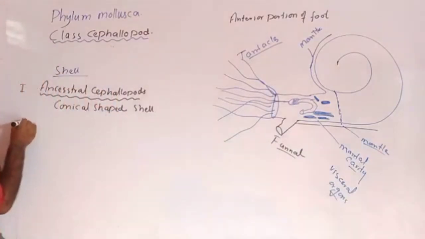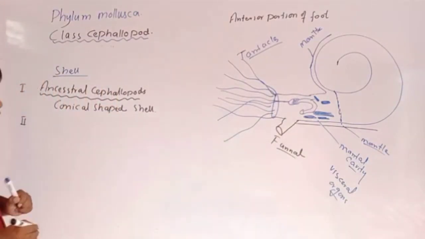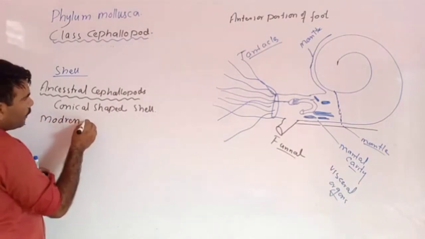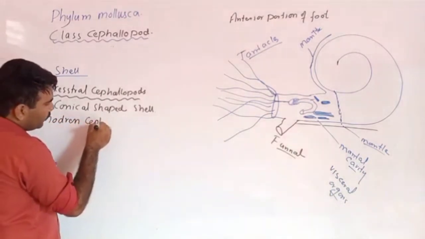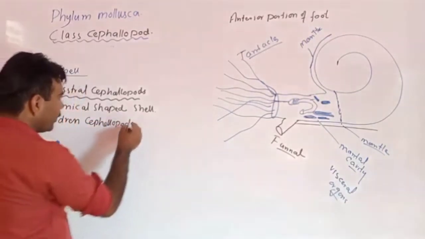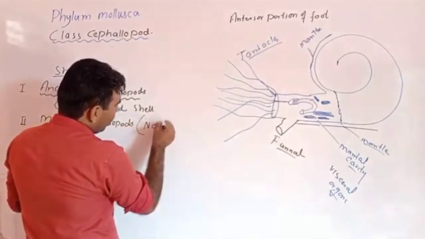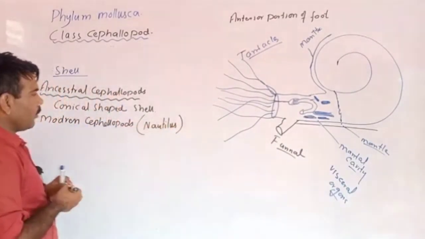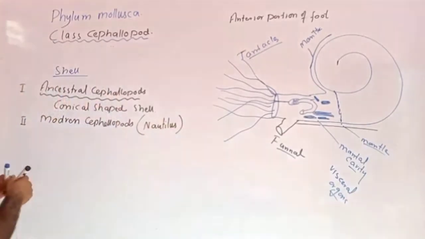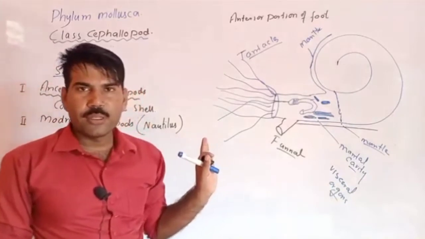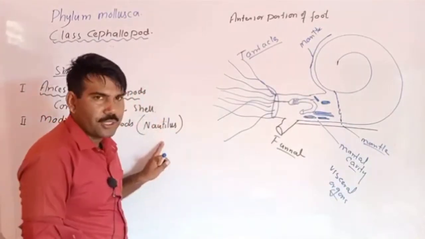The second is the modern cephalopods. Keep in mind, in the modern cephalopods we will take the example of Nautilus. When we take this example of the Nautilus, this is the only animal of the modern cephalopods which has an external shell.